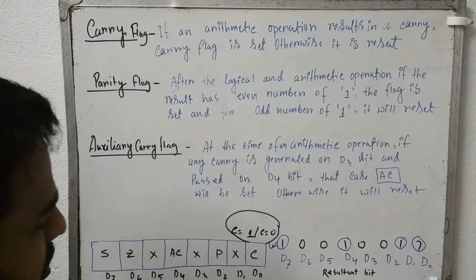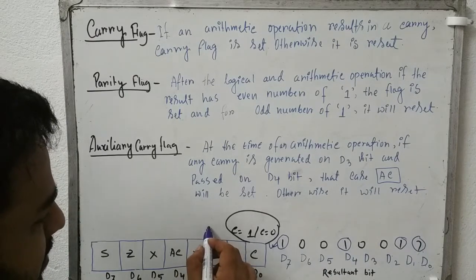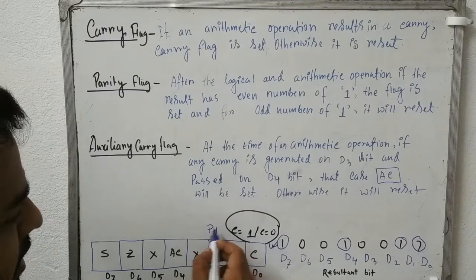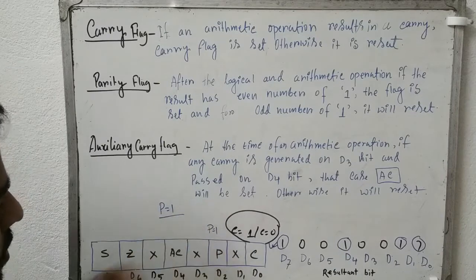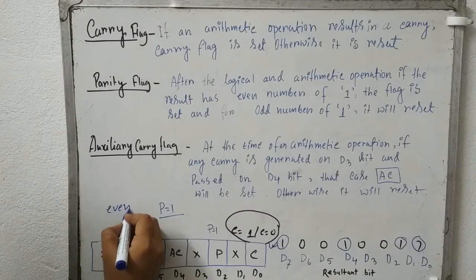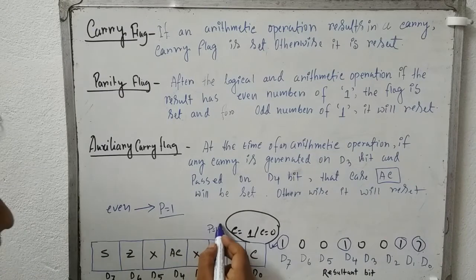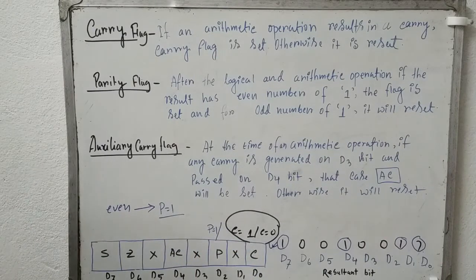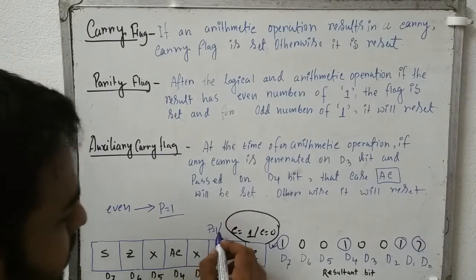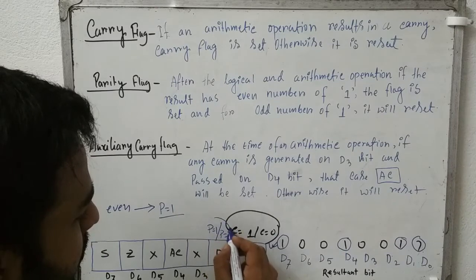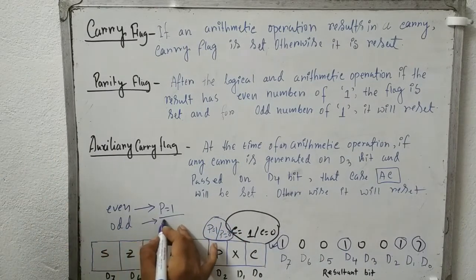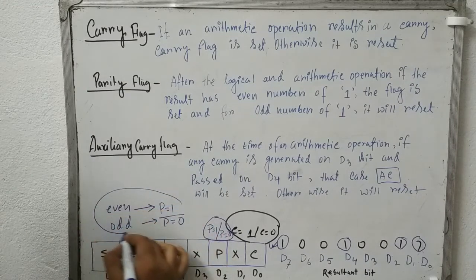As we have got an even number of 1s, parity will be set, P will be 1. Otherwise, if we had got an odd number of 1s, then we reset the parity, and P will be 0.